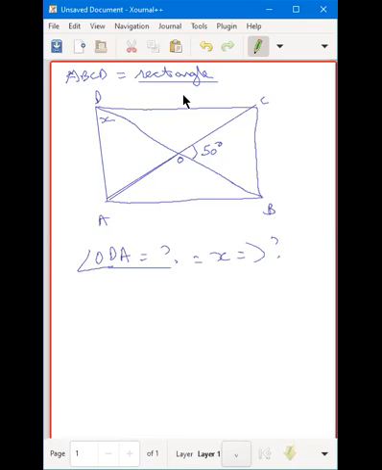Hurry up, everyone. Again, use the properties of diagonals, diagonal properties of rectangles.